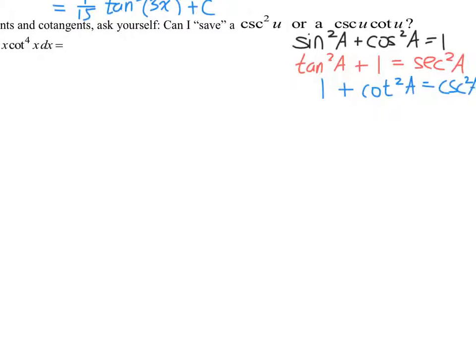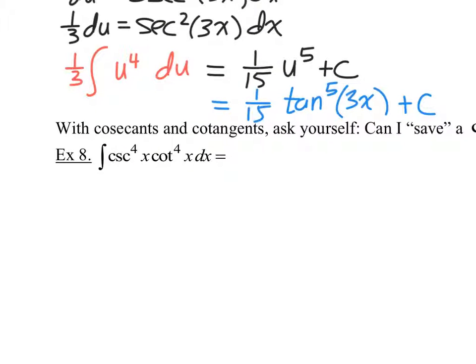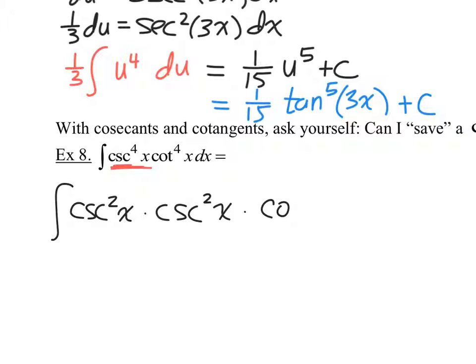All right? So if that's the case, I'm going to rewrite this as cosecant squared x times cosecant squared x times cotangent to the fourth of x.